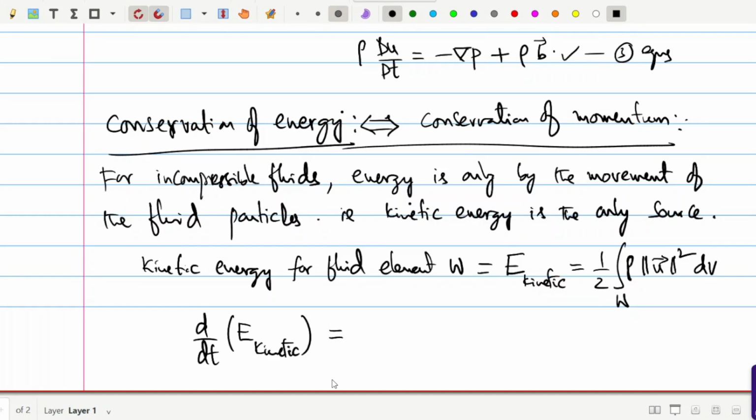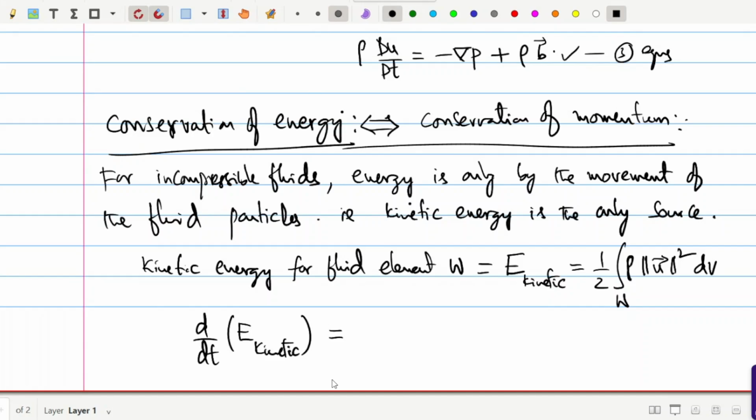So the particles are moving. It has a kinetic energy, and within the fluid, work is done, right? Work is done at the surface of the element, also inside by the external forces. So how does the change of energy take place?